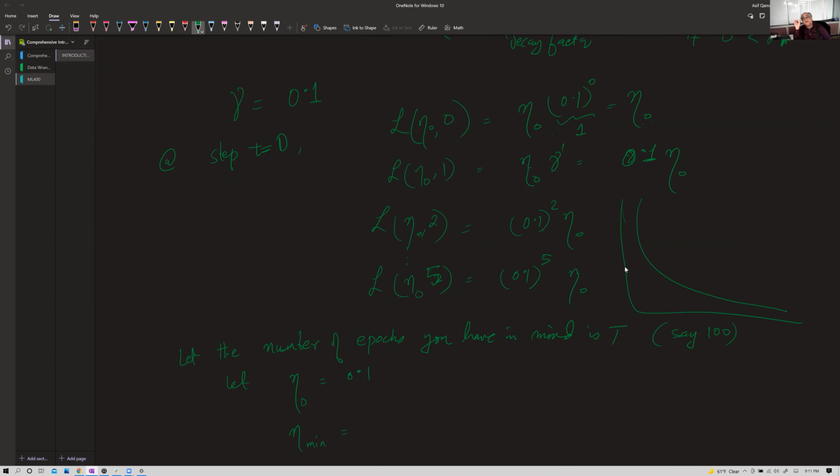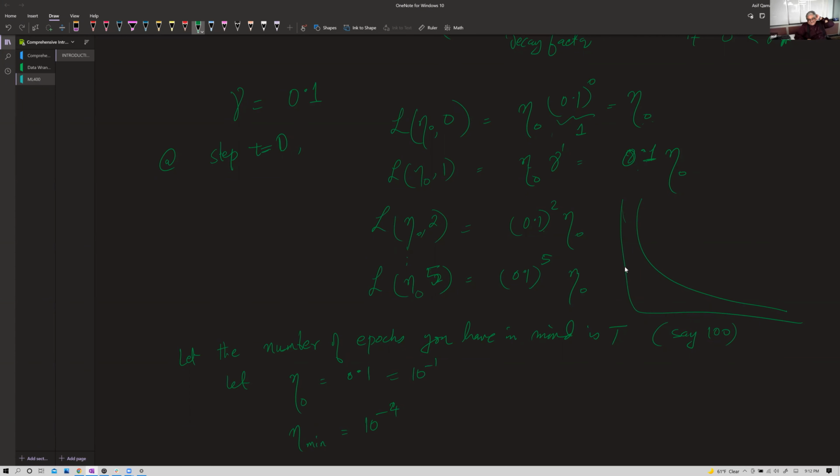What happens if your learning rate is way too small, like 10 to the minus 10? You're in trouble, because close to the optimal solution, gradient will also vanish and your learning rate will also vanish. So the system will stop learning. So you will actually want to take a reasonable learning rate. Let us say that the final learning rate that you take is 10 to the minus 4, and eta naught is equal to 10 to the minus 1, right?